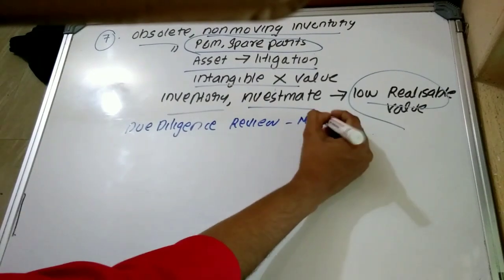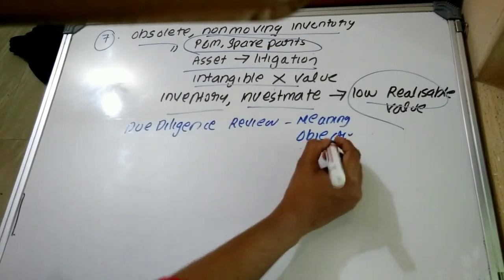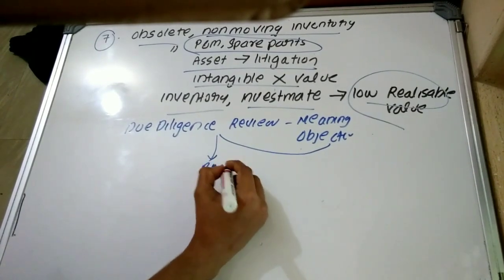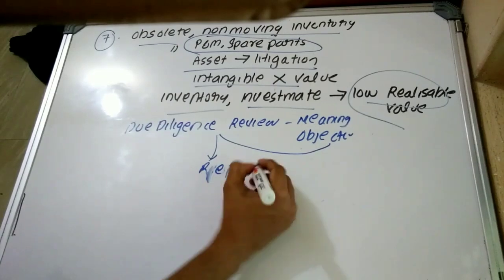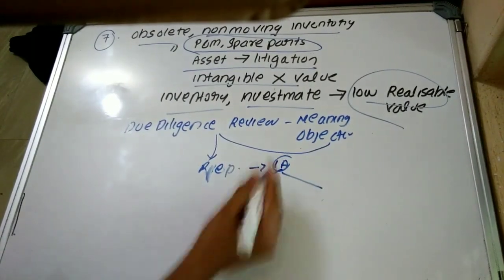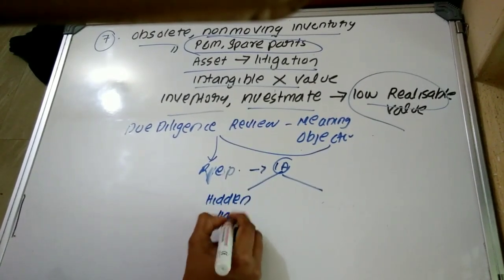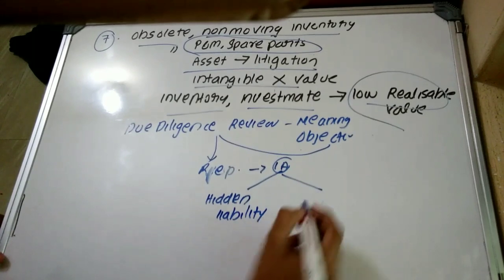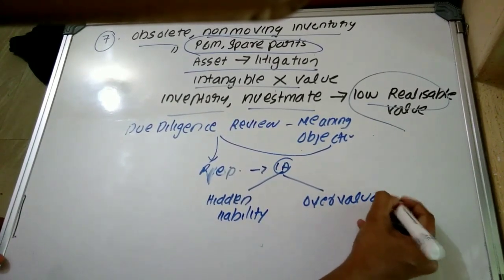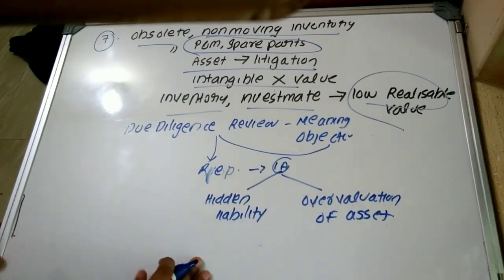So for question 7, you should first indicate the meaning of due diligence review. Thereafter, the main objective or purpose of due diligence review. Then the responsibility of the investigating accountant with respect to hidden liability and overvaluation of asset.